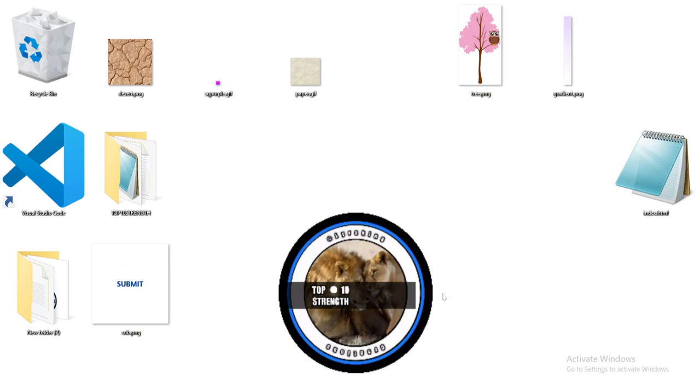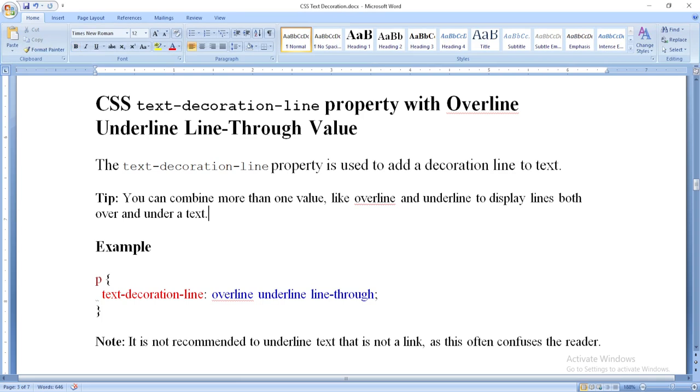Welcome back everyone. Quickly, let's continue our discussion on CSS text decorations, and right now we'll be discussing the CSS text-decoration-line property along with the overline value, underline value, and the line-through value.